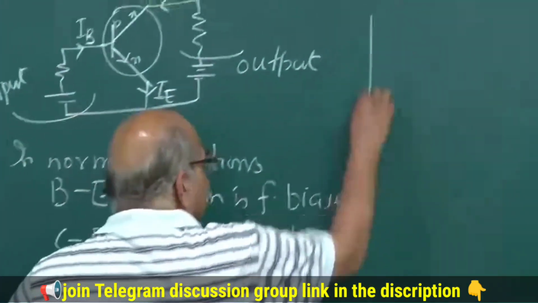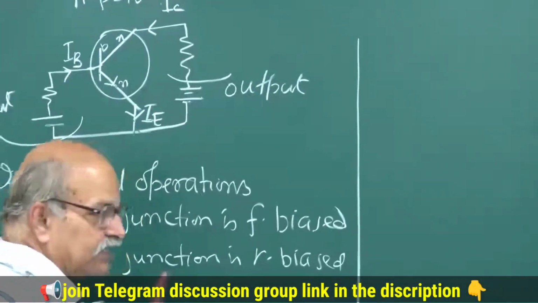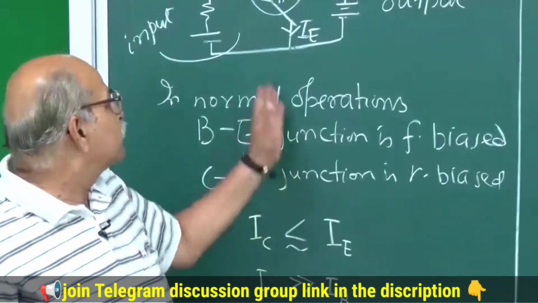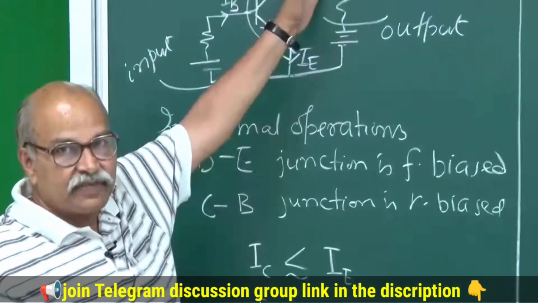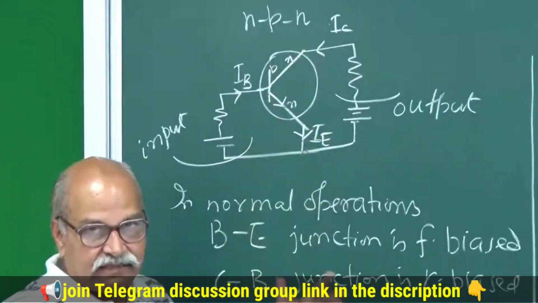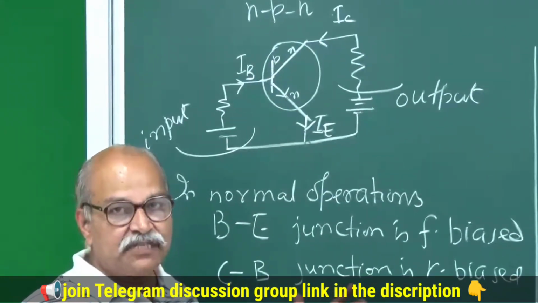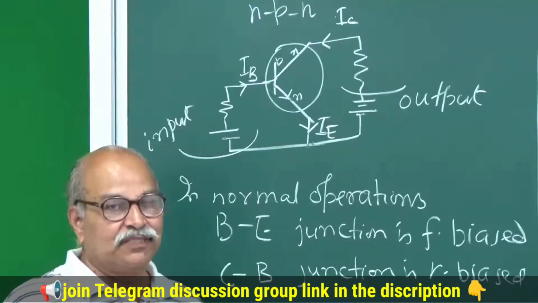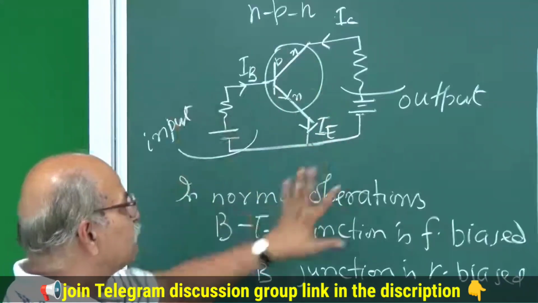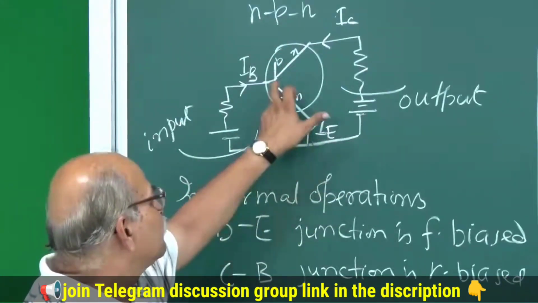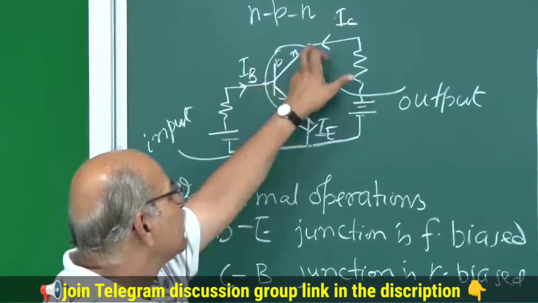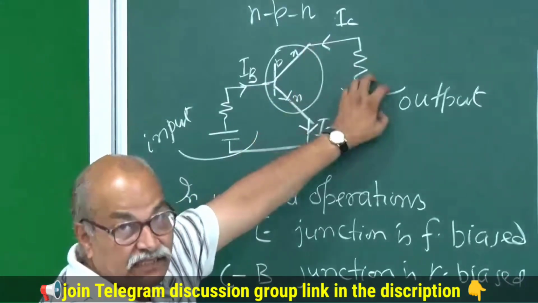Typically, if everything is fine, means this junction is forward biased and this junction is reverse biased, and that reverse bias is of sufficient magnitude, and this forward bias is sufficient magnitude. So, in this whole operation that I have told, only because of the recombination some electrons are going this side, but most of them are going this side, the biasing is such.